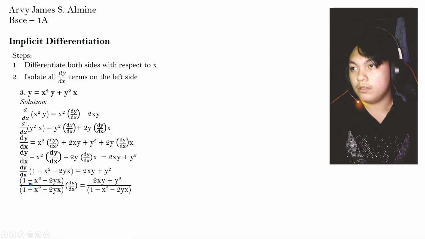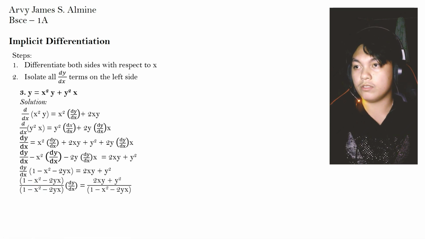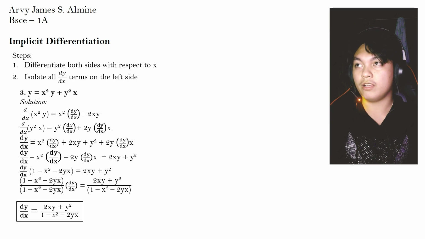So the left side will be cancelled. The dy over dx is equal to 2xy plus y squared over 1 minus x squared minus 2yx will be the remaining. So that will be the answer of example number 3 of the implicit differentiation.